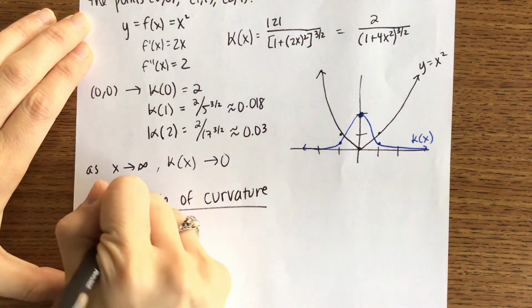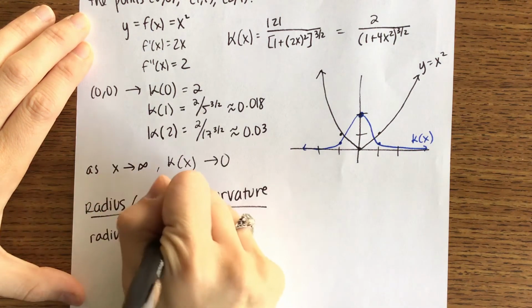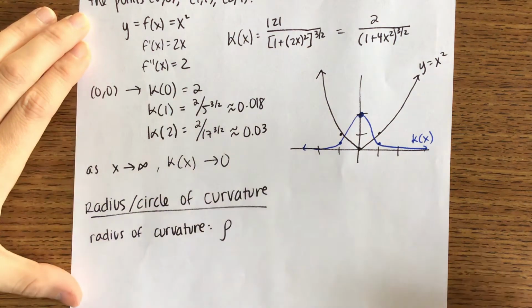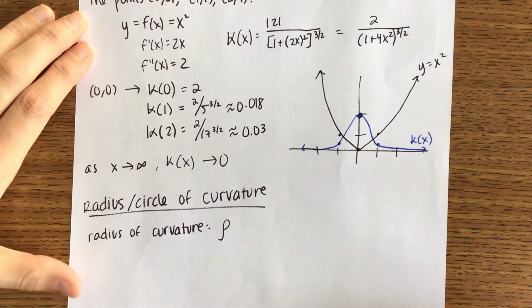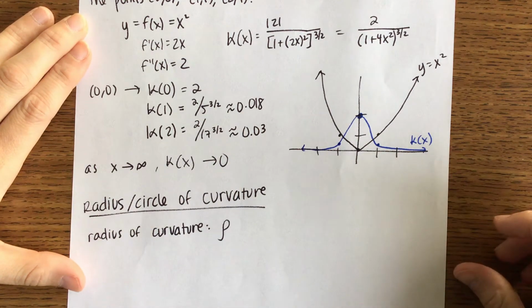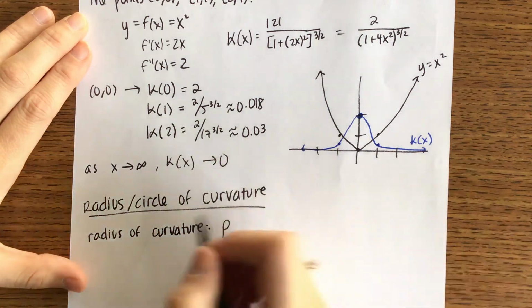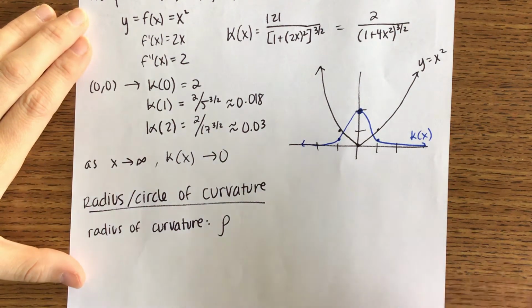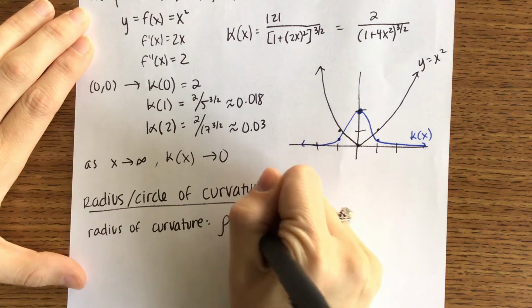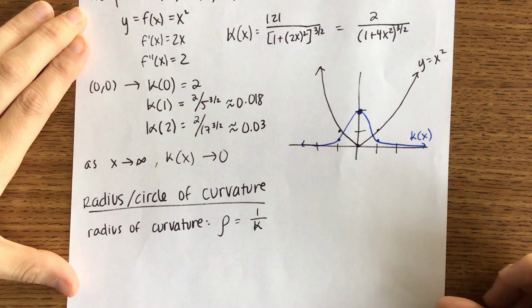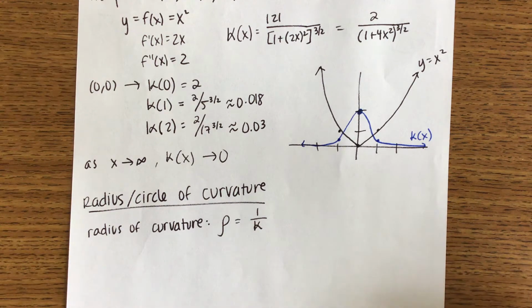So the radius of curvature, that symbol right there. Do you know what symbol this is? Rho. This is rho. Okay, so the way to find radius of curvature, and this should make sense, is 1 divided by the curvature. That should make sense because of the circle example we did yesterday.